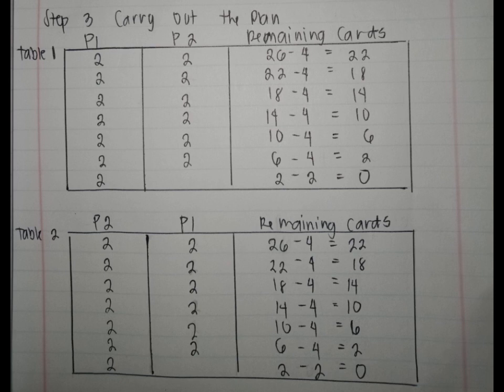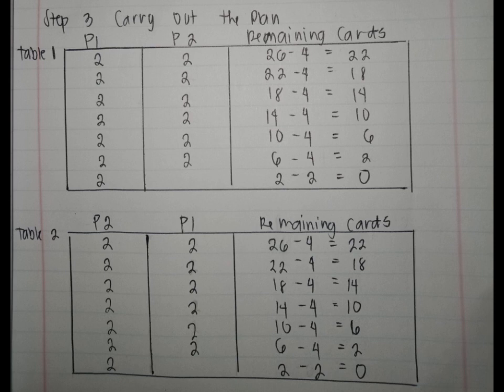And if both players get 2 cards again, we only have 10 cards left. Then 6 cards left, and then only 2 cards left. The last 2 cards left go to player number 1. So the winner in table number 1 is player number 1.